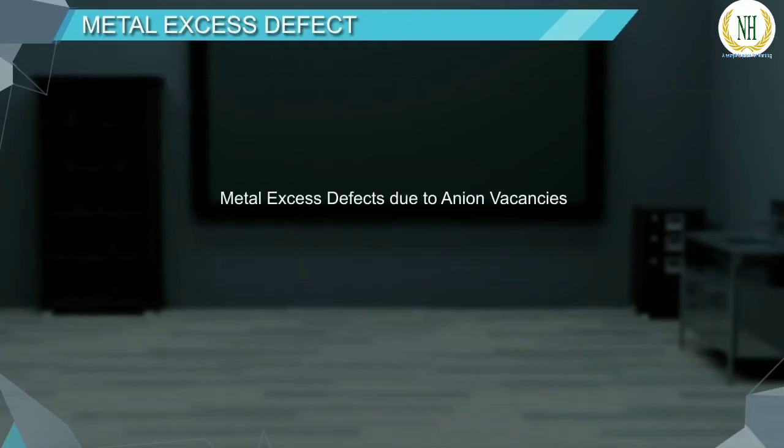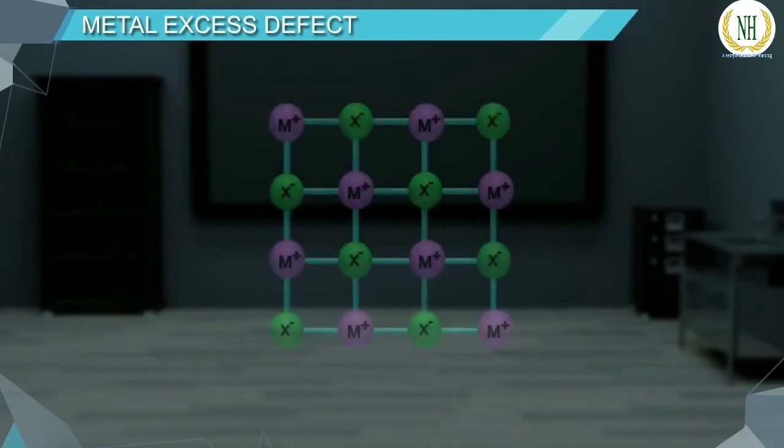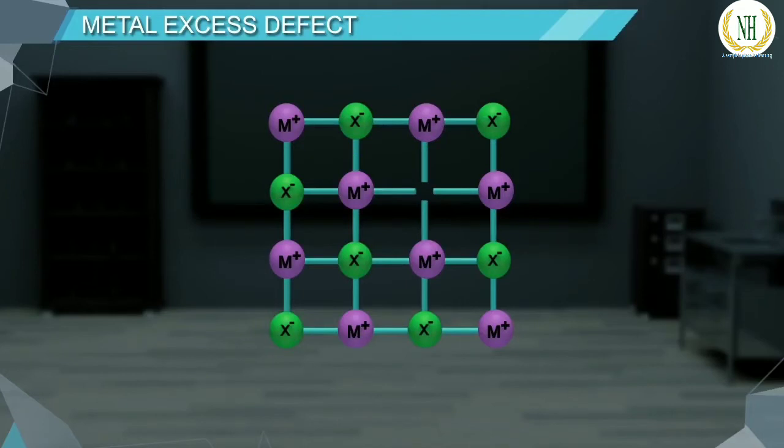Metal excess defects due to anion vacancies. In an ionic solid, an anion may be missing from its lattice site, leaving a hole which is occupied by an electron.